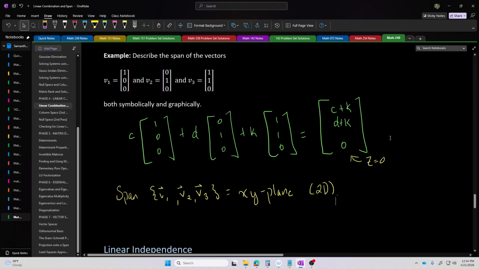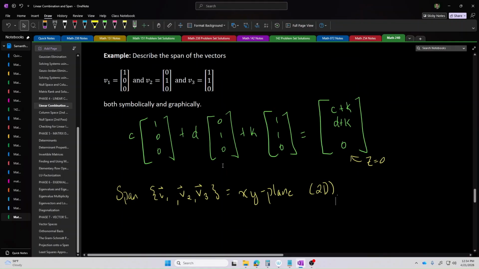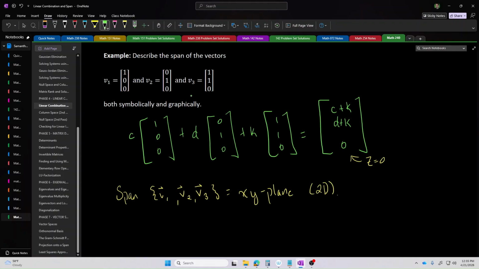Once again, the span of this set of three vectors is only two-dimensional because one of the vectors in this set is redundant of the others. One of the vectors in this set is not really adding anything meaningful. And for example, here, I think the issue is that we have this vector v3, and the issue with the vector v3 is that it already is a linear combination of the first two vectors.